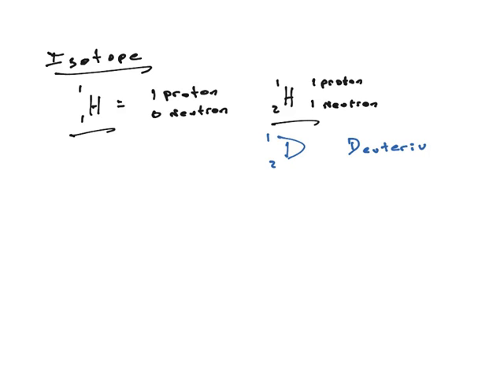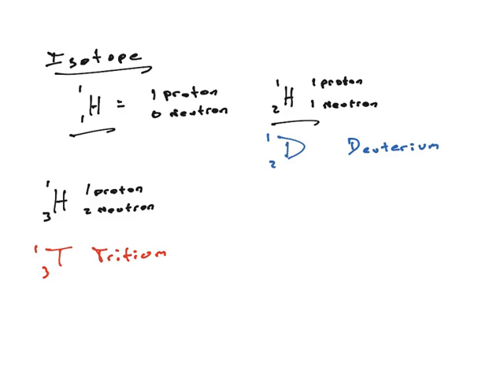It's still hydrogen, but just to denote it being the isotope with an extra neutron in it, we call it deuterium. And there's another one called hydrogen 3, which is 1 proton and 2 neutrons. Still hydrogen, but a really heavy version. This is called tritium. All 3 of these are hydrogen. They're isotopes of each other because they have different numbers of neutrons.